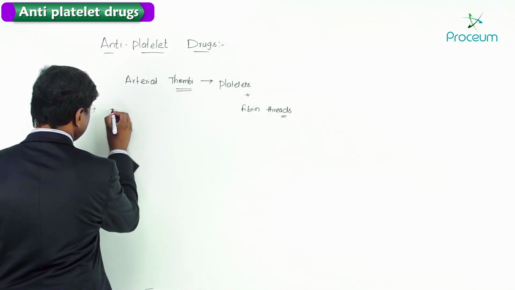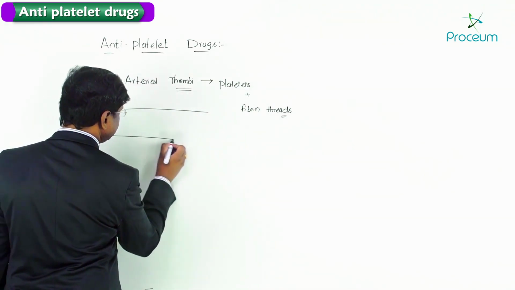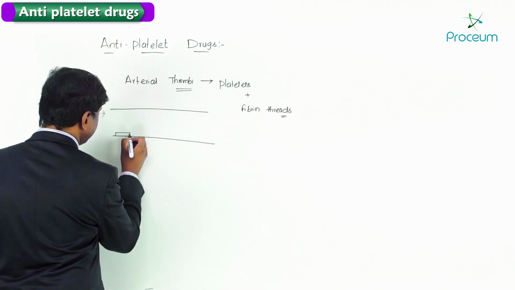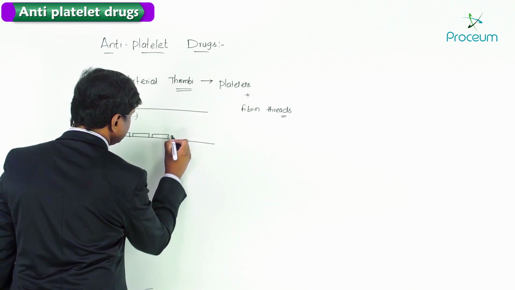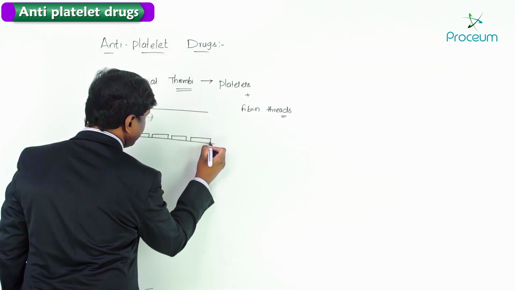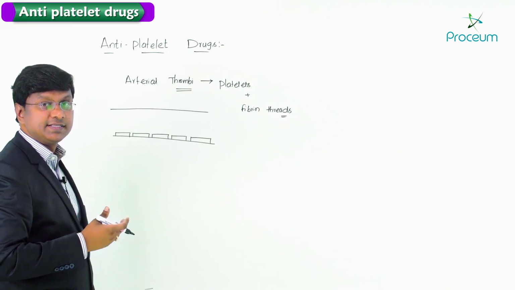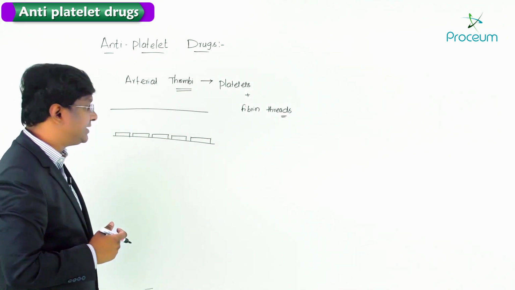Now, this is the blood vessel and you have the endothelial cells, that is your vascular endothelium.